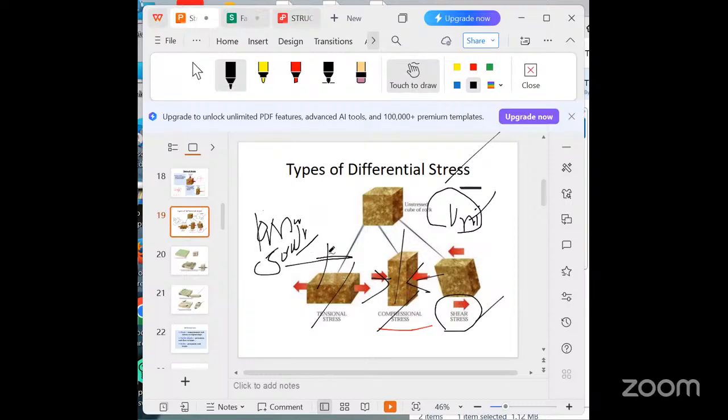Each square inch of these horizontal planes supports a load of 50 pounds per square inch, so the compressive stress is 50 pounds per square inch.